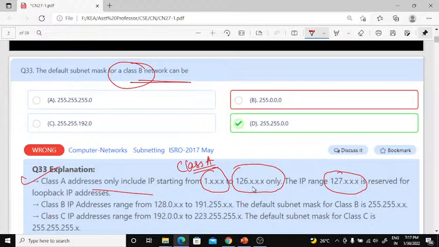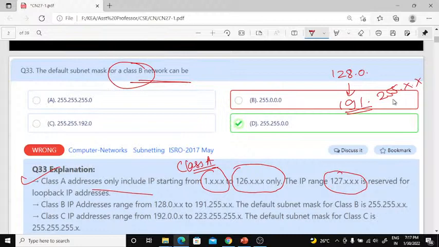Then class B IP addresses range from 128 to 191.255.x.x, meaning any 8-bit value.